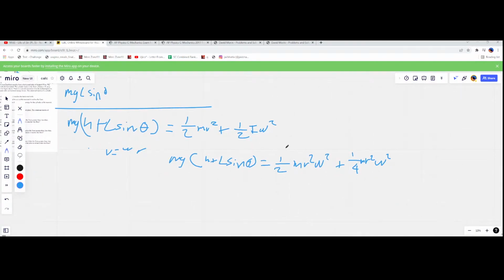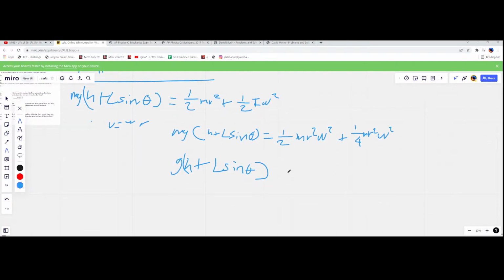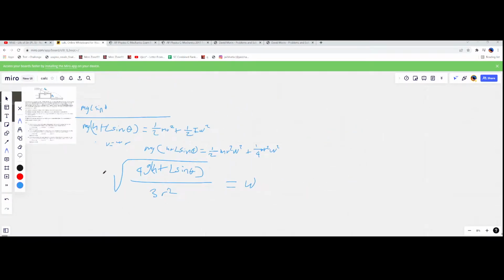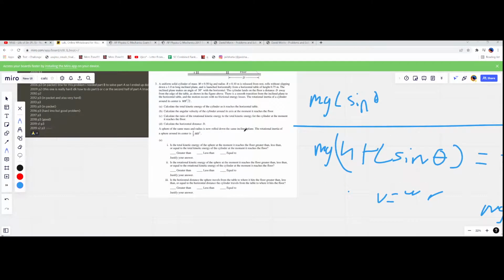Then combine here and divide everything by m, so you get g(h plus L sine theta), then 4 over 3 r squared, square root, is equal to omega. I don't know what that number is, but I'm pretty sure that's what it is.